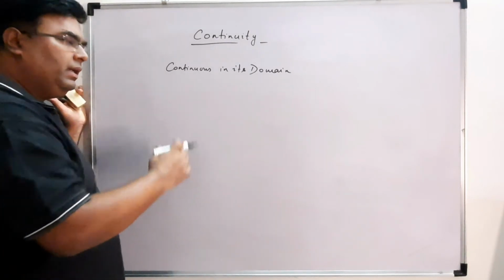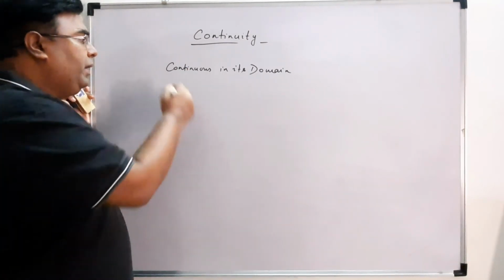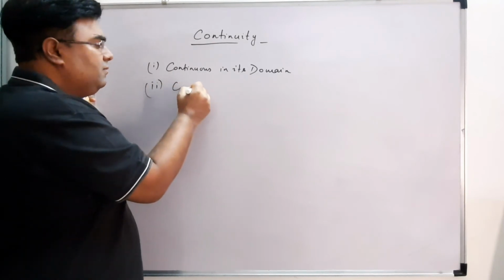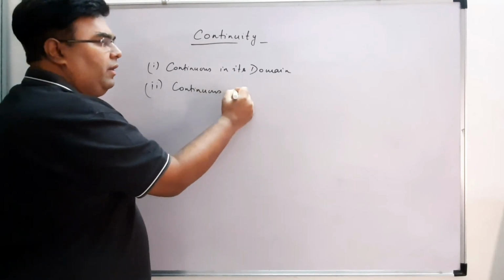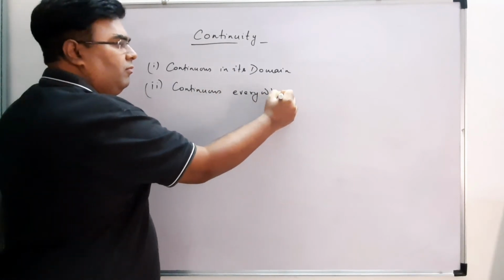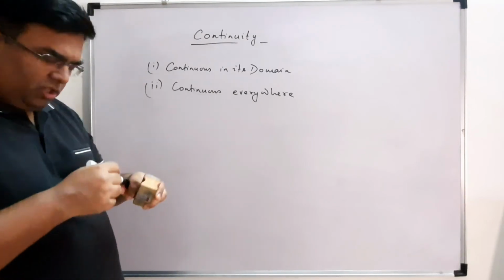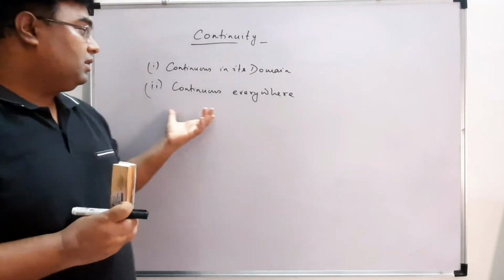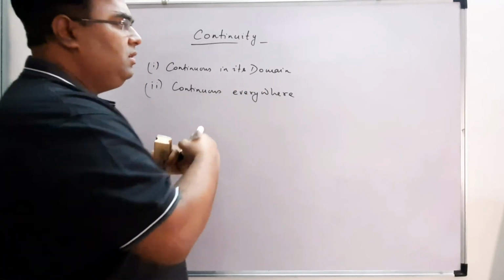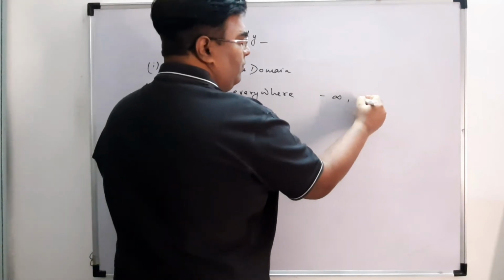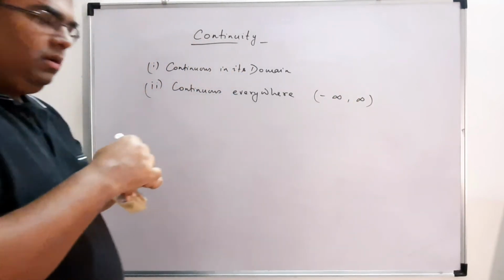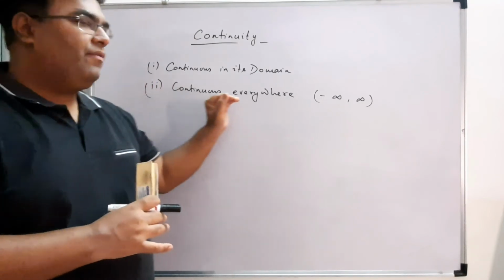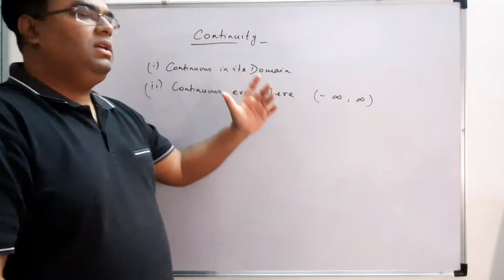Second is that it is continuous everywhere. Right? So there are some functions which are continuous in its domain, and there are some functions which are continuous everywhere. Everywhere means real numbers, minus infinity to infinity. So we need to remember which functions are continuous everywhere and which are continuous in their domain.